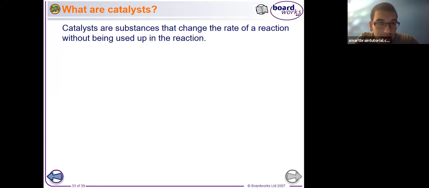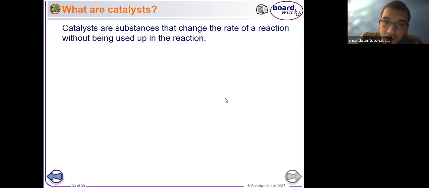Okay, let's continue with catalysts. You have heard about catalysts. Catalysts are chemical substances. They can change the rate of reaction. Not only change, but they can also stop the rate of chemical reaction. Their function is to speed up the rate, but without being used up in the chemical reaction.